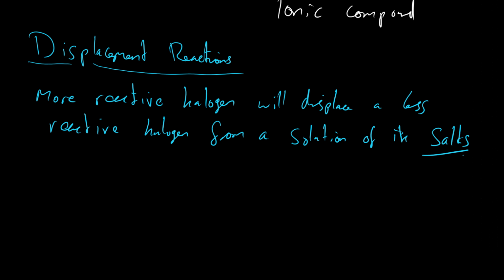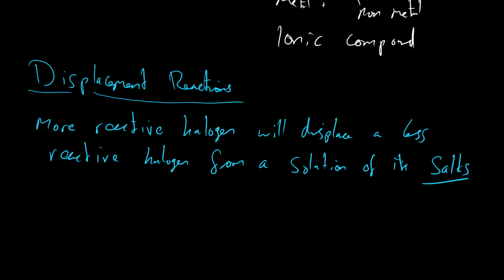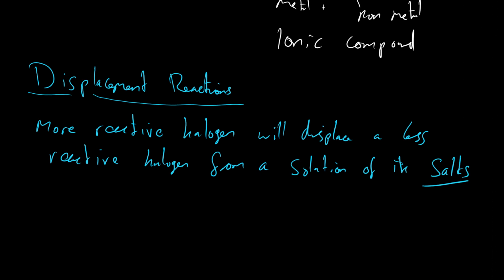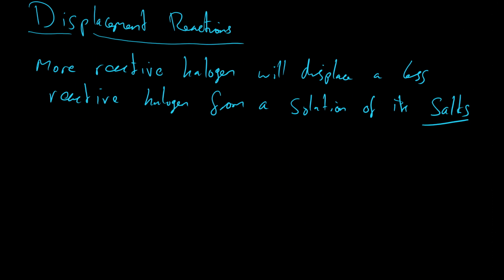Okay? So what we produced before, the ionic compound up here, for example, sodium chloride, that is an example of a salt, and so this needs to be the case.